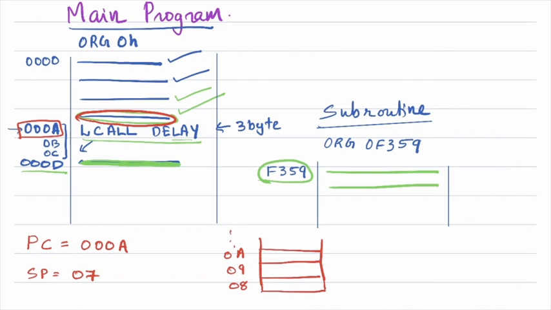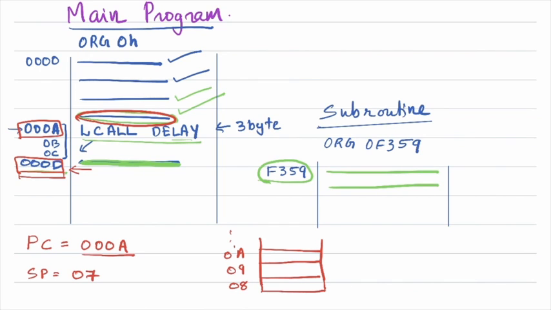Now the PC contains 000A, as we have seen, and after the execution of the subroutine, the program execution should come back to the 000D location, that is the next instruction after the call instruction, right? So this address must be pushed to the stack. That's the first task this lcall instruction does.